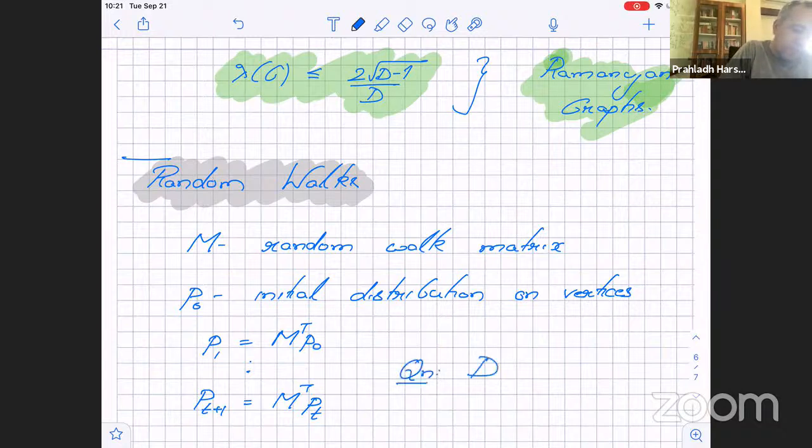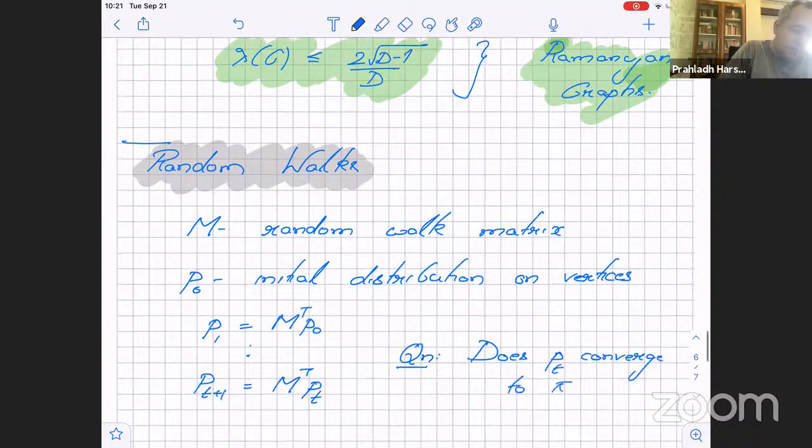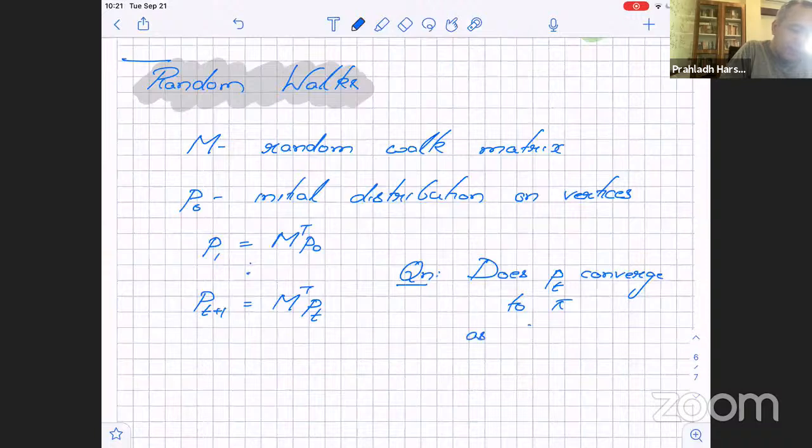The question we are going to ask is, does Pt converge to the stationary distribution as t goes to infinity?